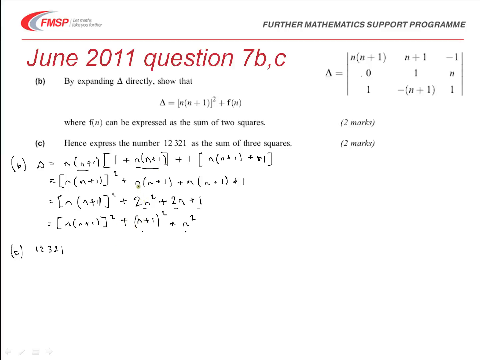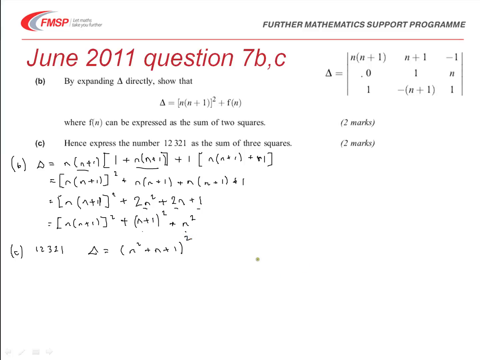In the first part, we said that the determinant is equal to n squared plus n plus 1 all squared.